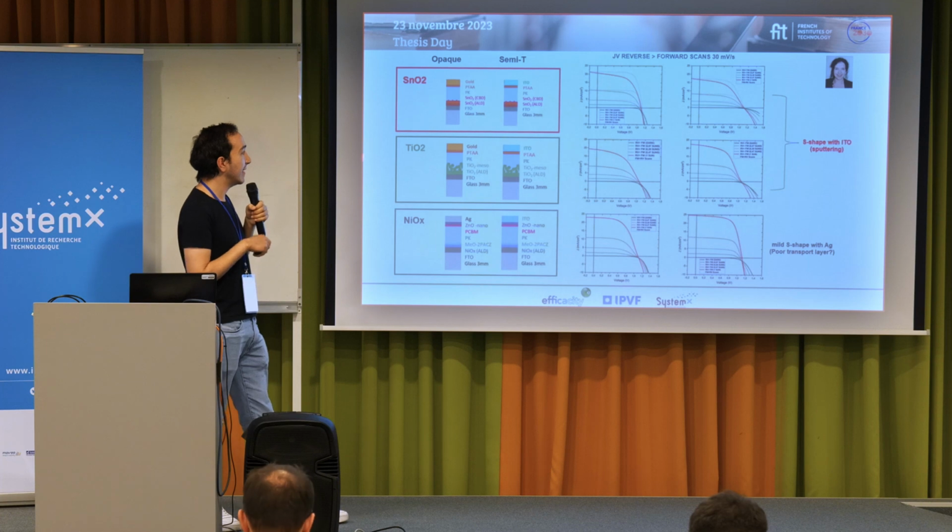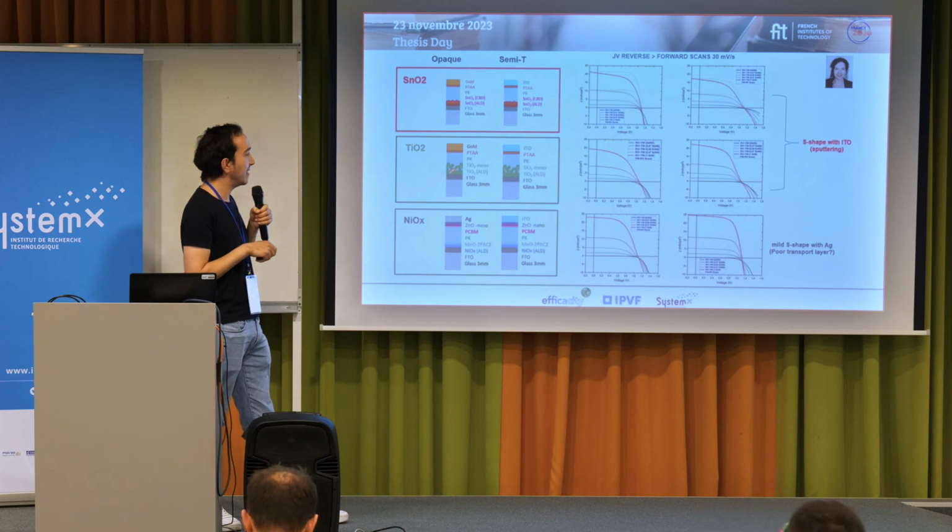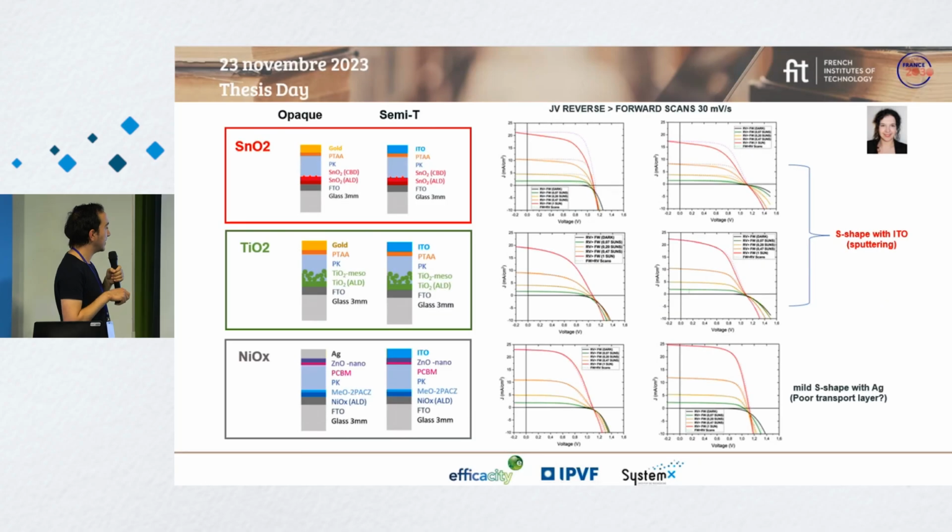Here are some devices that were fabricated by what we call IMPACT, the fabrication team at IPVF. We have three sets of different architectures, and we have the classical current-voltage characterization. Each color is a different light intensity. So we illuminate the device and we extract the current-voltage response.